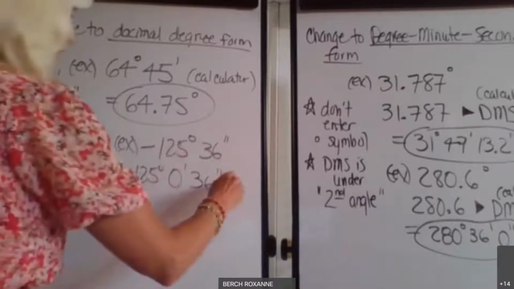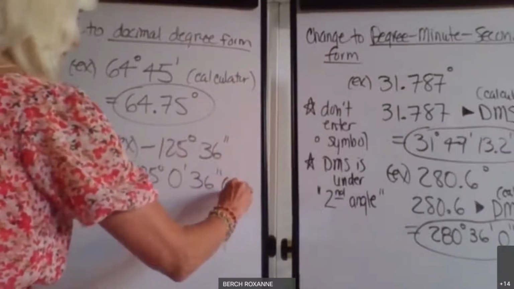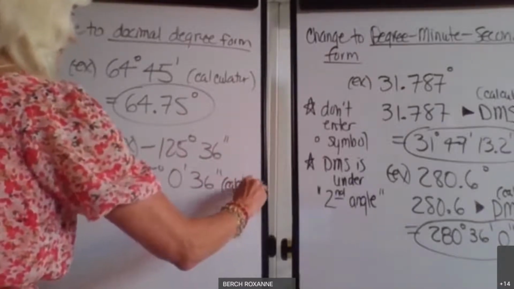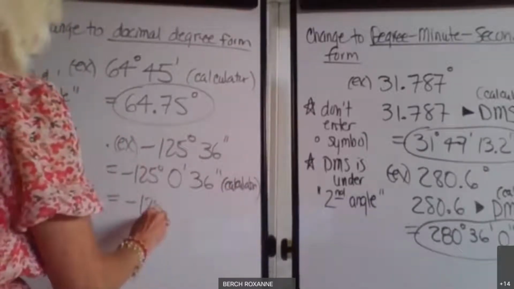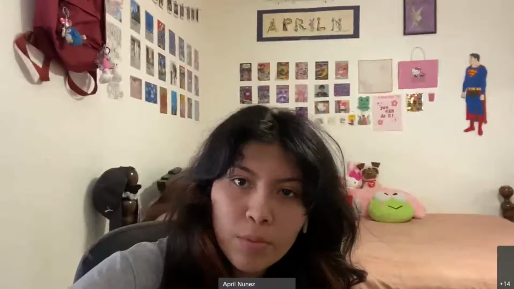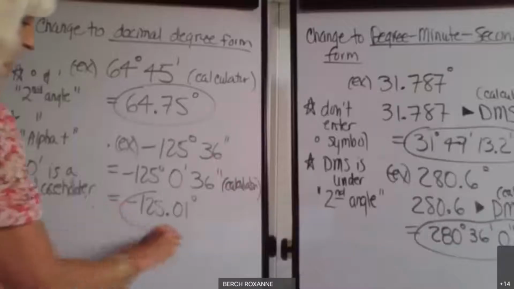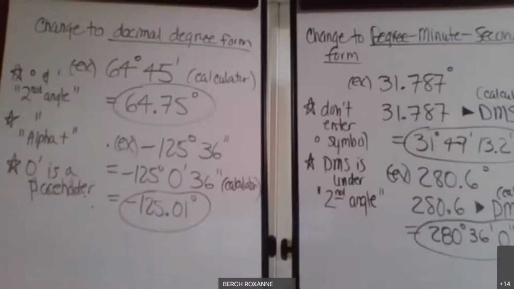All right, so what did you get for this one? I got negative 125.01 degrees. That's correct. Negative 125.01 degrees.